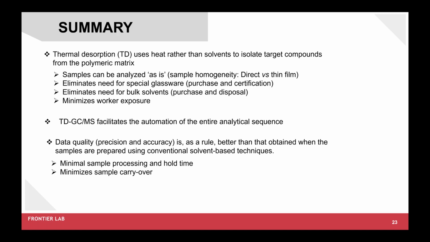Thermal desorption also eliminates conventional sample preparation. The sample is heated, so the phthalate is thermally desorbed from the polymer. It is fast, it uses a minimal volume of solvent, eliminates the need for expensive glassware, and more importantly, delivers accurate and more reproducible measurements.